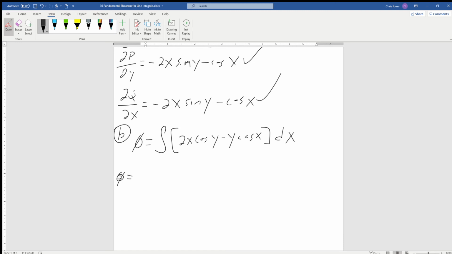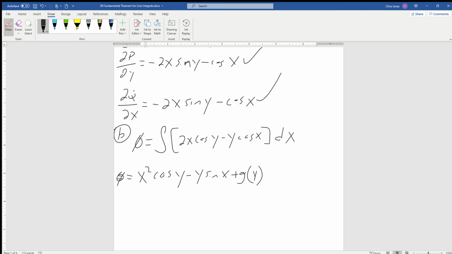So phi is equal to x squared cos y. Antiderivative of cos is going to be sine. So we have negative y sine x. And we have this g of y. Remember, g of y is some function in terms of y. It's like a function of integration, not a constant of integration.